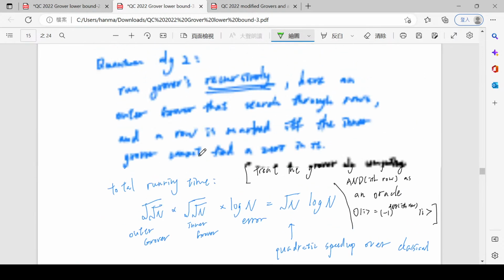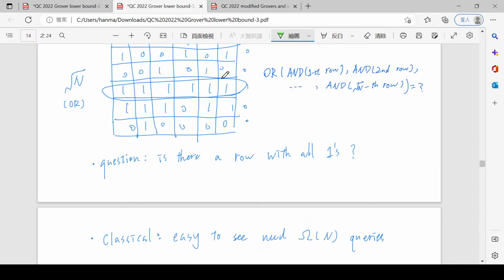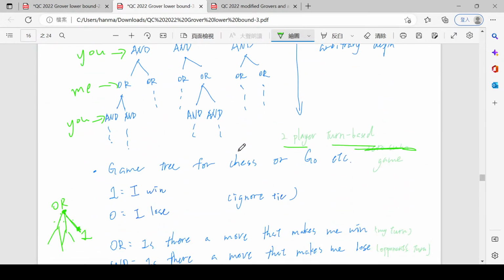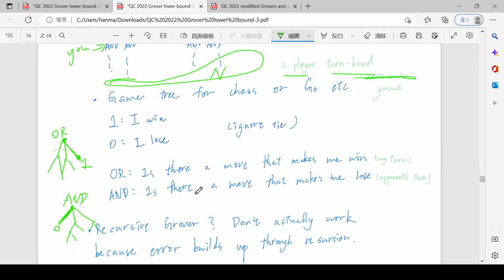The first intuition you get is you can run something like recursive Grover. You just run recursive Grover over each layer up, and if you think the total number of all possible end configurations is a big N, then that should give you a square root N quantum algorithm.